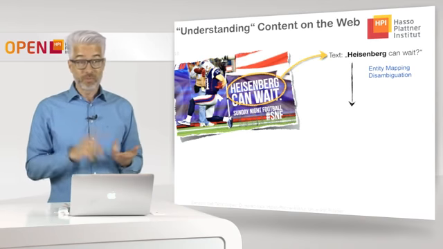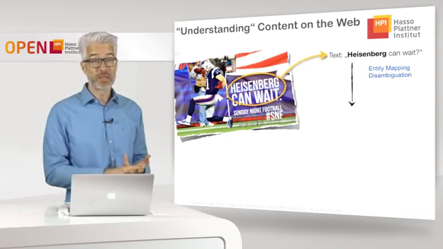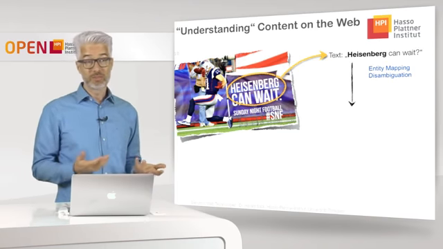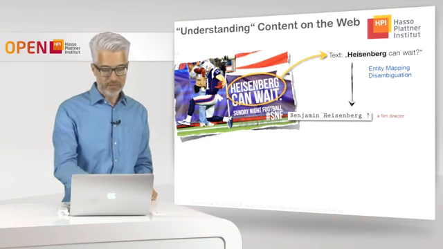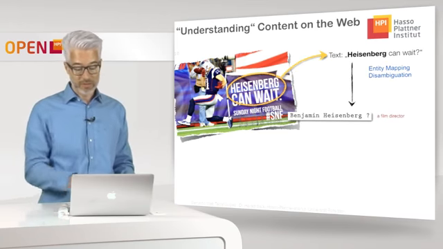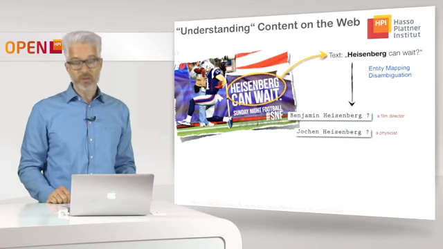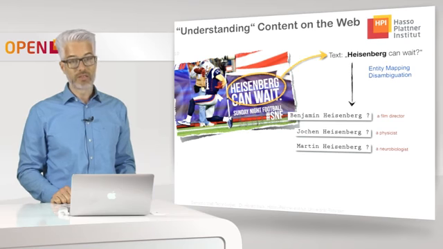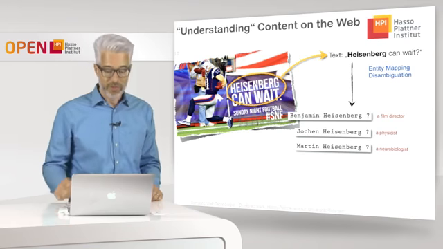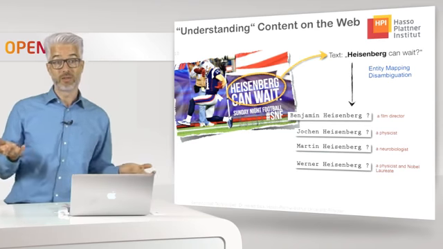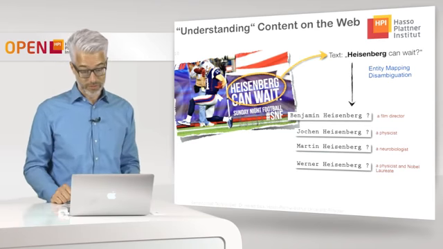This process is usually called entity mapping or entity disambiguation, because Heisenberg can mean various things. For example, Heisenberg could be somebody called Benjamin Heisenberg, a film director, or Jochen Heisenberg, who is a physicist, or Martin Heisenberg, who is a neurobiologist. Or, of course, one of the most famous Heisenbergs is Werner Heisenberg. He is a Nobel laureate and a physicist too.